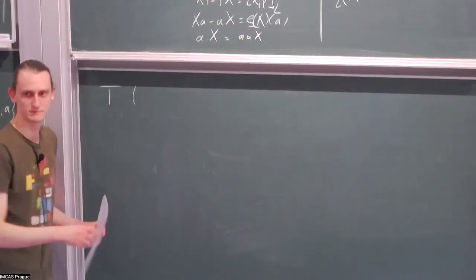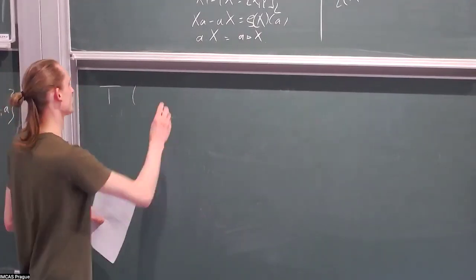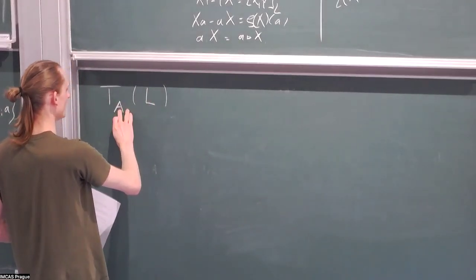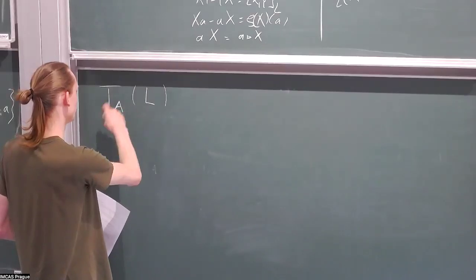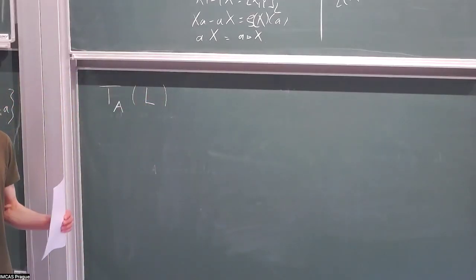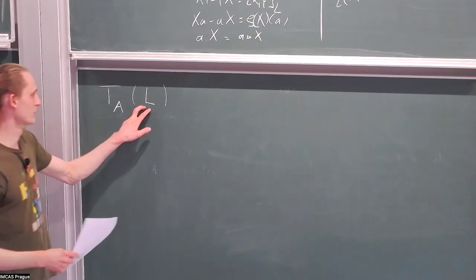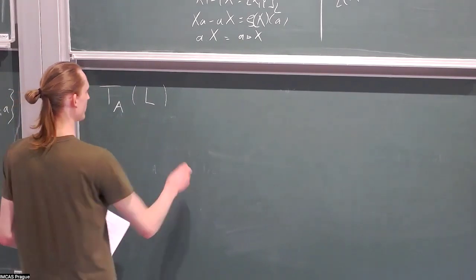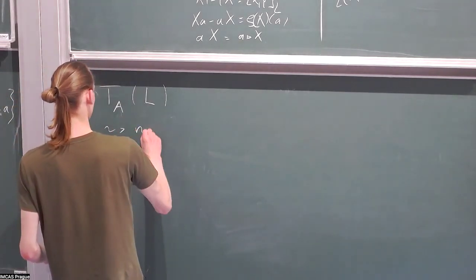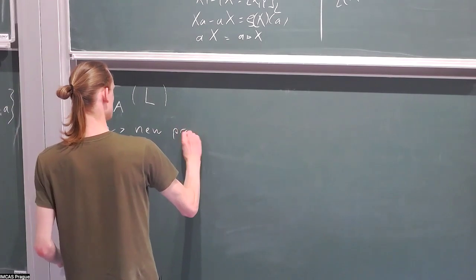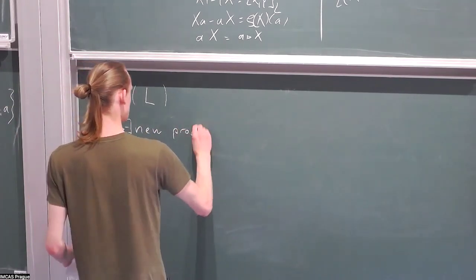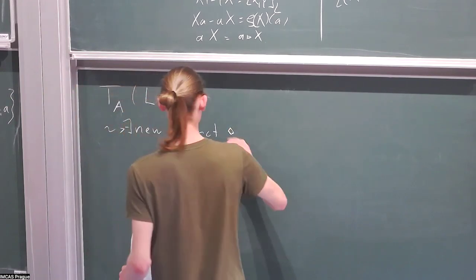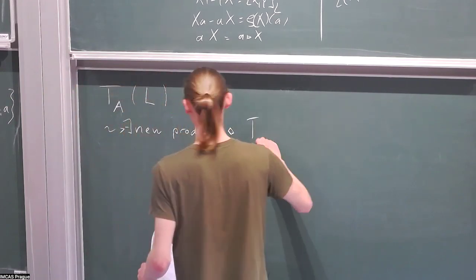If you start with the Lie-Rinehart algebra L, then you can look at the tensor algebra, using balanced tensor products over A. In good cases, if your Lie-Rinehart algebra L admits a connection along itself, then you can define a new product, which is called diamond for some reason, on this.